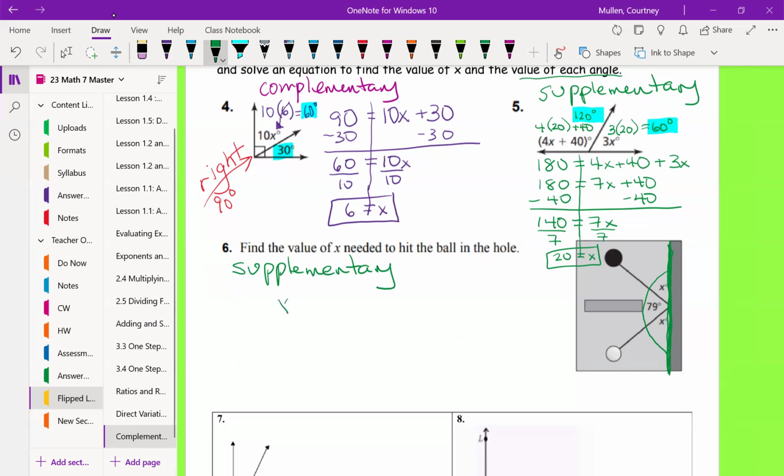So we have one angle that's x, another angle that's 79, and a third angle this time that's x. So their sum is 180 since they are all supplementary. And now we're ready to solve. Combine like terms.